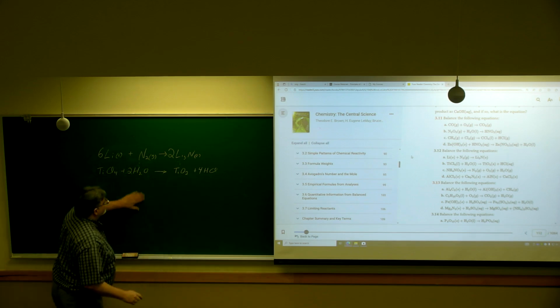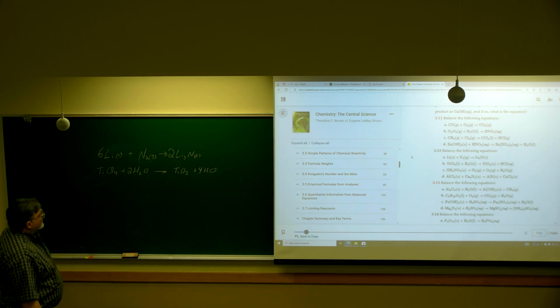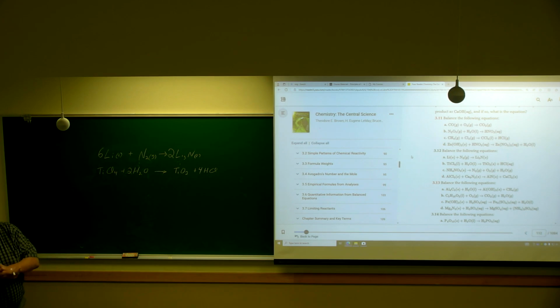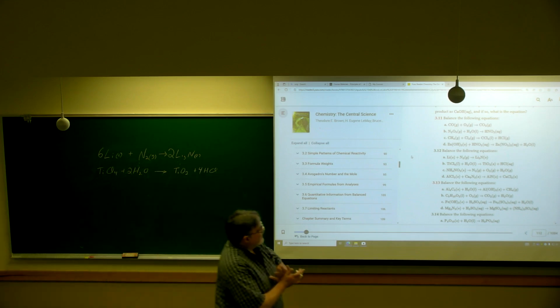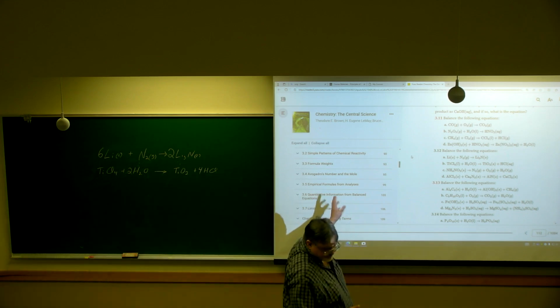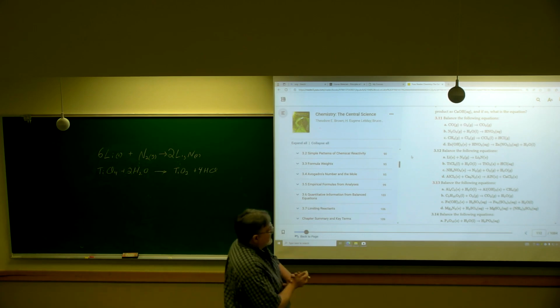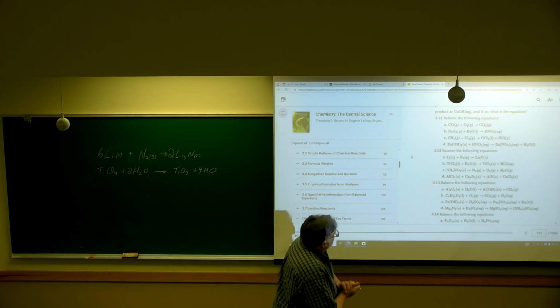So I think that does it. 4 hydrogens, 4 chlorines, 1, 2. So that's balanced. You see the process? It is kind of trial and error. It makes it a little bit unwieldy, but like I said, I'll keep the balancing simple. It's just for the precipitation reactions in chapter 4, you end up having to balance some of them.